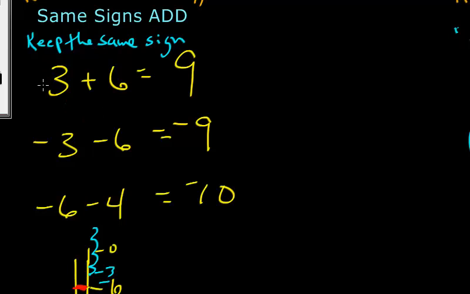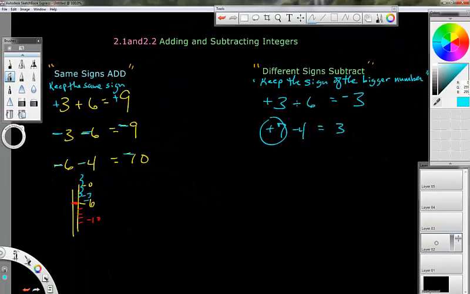All the way across. Look, positive, positive, positive, negative, negative, negative, negative. Make sure that shows up on the movie. Negative, negative, negative, negative, negative, negative. Over here, positive, negative, negative, but I keep the sign of the bigger number. And here, positive, negative, I subtract it.